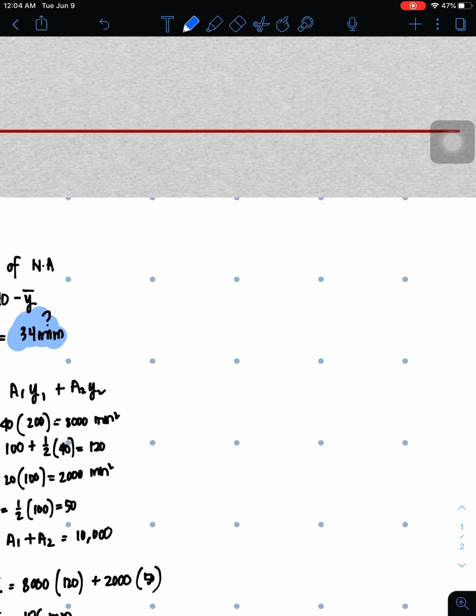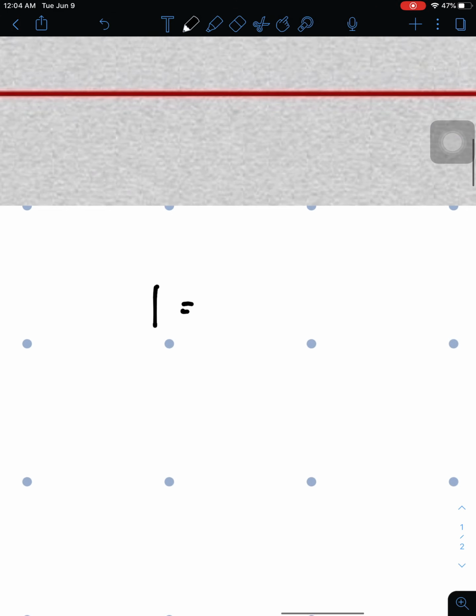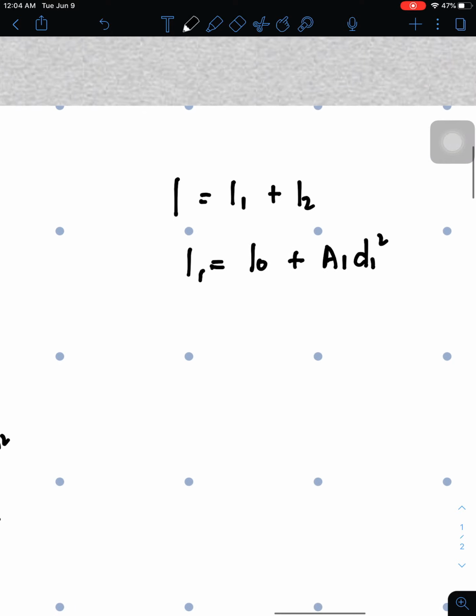So the moment of inertia is equal to I1 plus I2. And I1 is equal to the centroidal moment of inertia plus area 1 times d1 squared. So d1 is actually the difference between Y1 and barred Y, and you take the absolute value. So what is it?